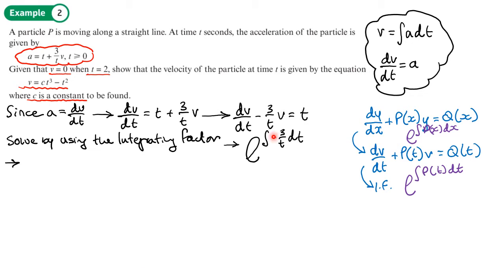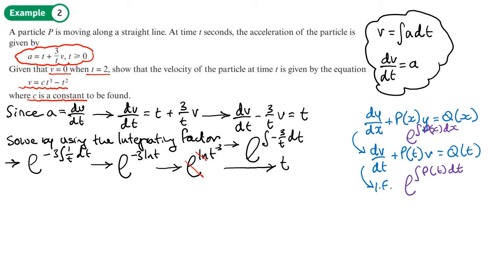Now I can take the minus 3 over as a factor. So it just leaves me 1 over t dt, which is easy. So now I get e to the minus 3 log t. Now if I move the negative 3 over, so it's a power, like this, then the e and the log cancel out, just leaving me with t to the power negative 3.